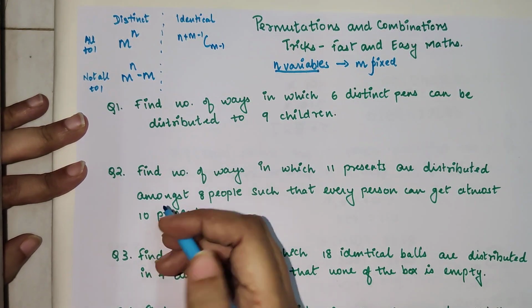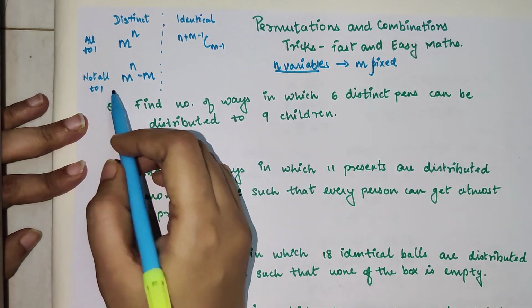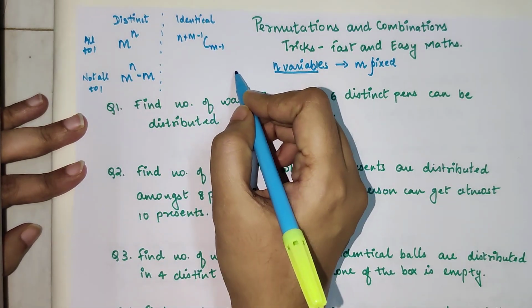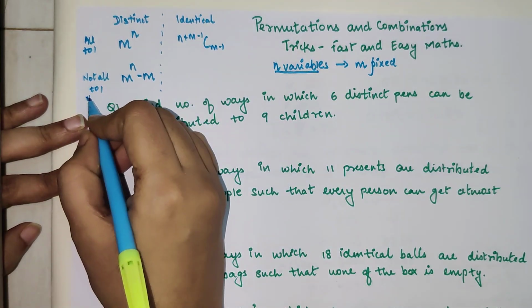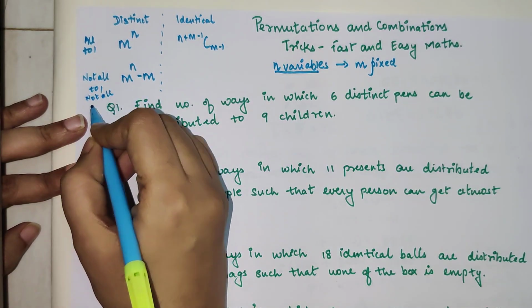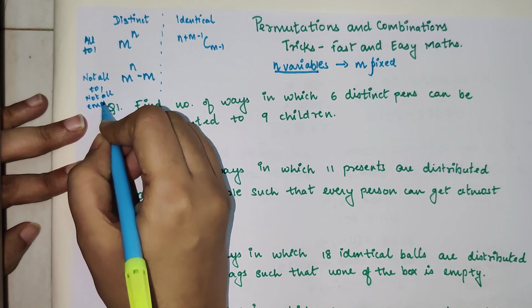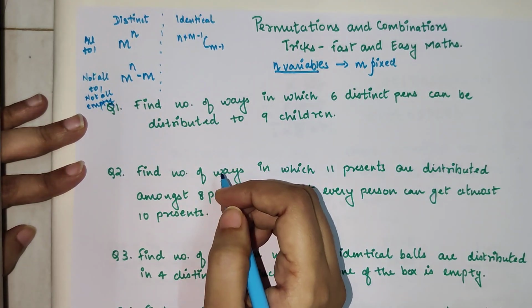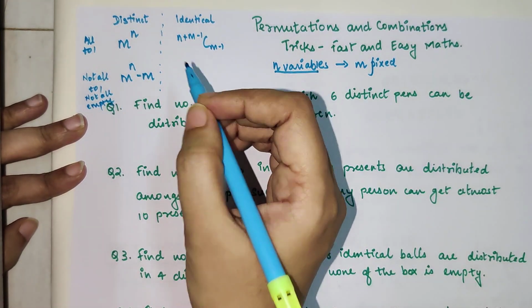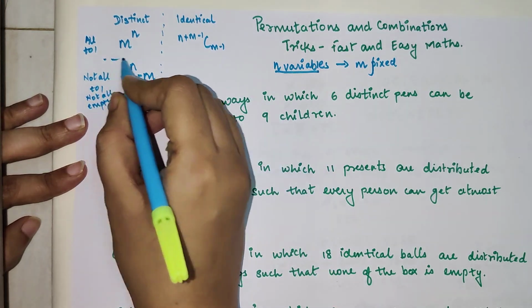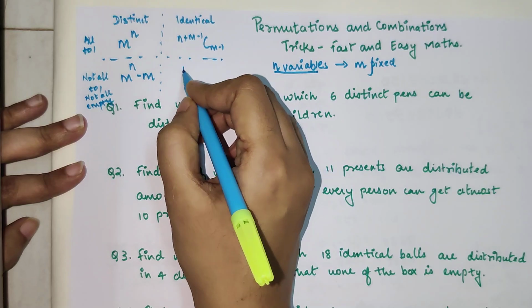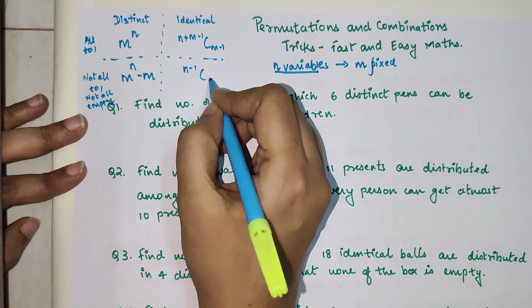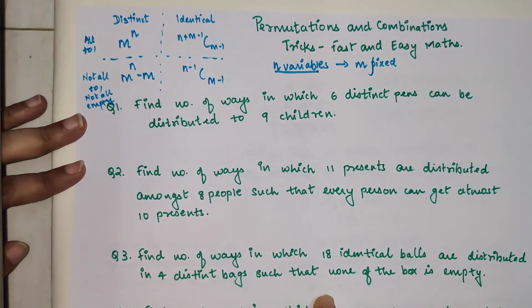And in the case of not all to one, you can even say not all empty, then when the n variables given are identical, you just do n minus 1 C m minus 1.